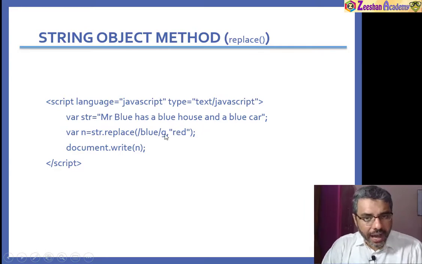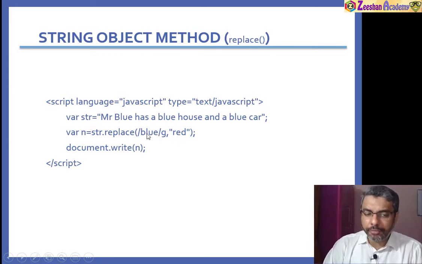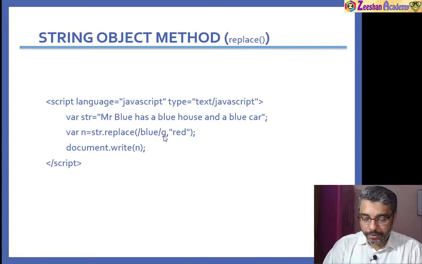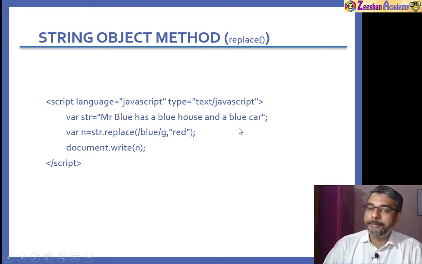But I have not specified i here. i is for ignoring case. So this basically means that wherever you find blue, replace it with red, but don't ignore the case. Now what it will do is go here, it will not include this capitalized one, but it will replace this blue with red, and this blue with red. Okay. Then document.write the new string. So whatever the final output is, the new string will be returned here.